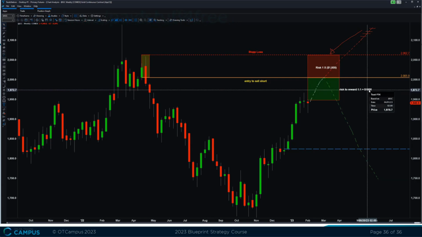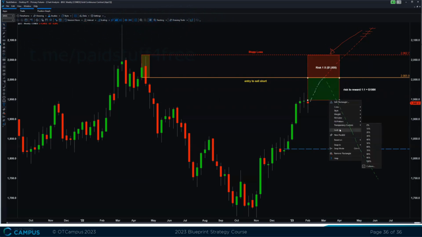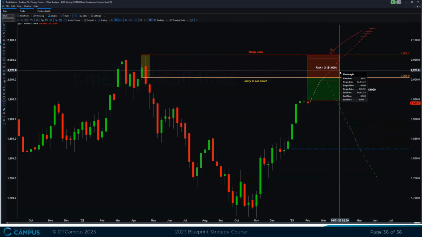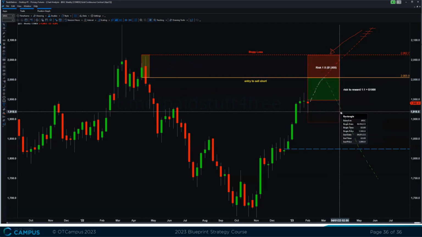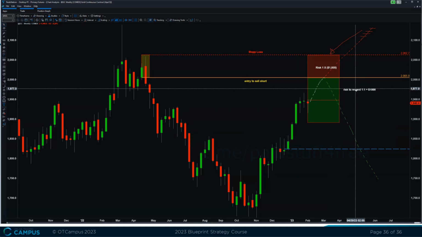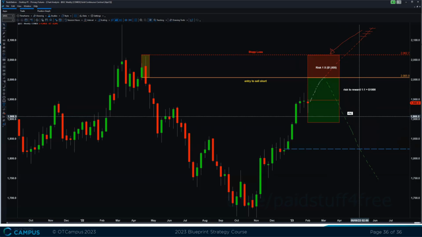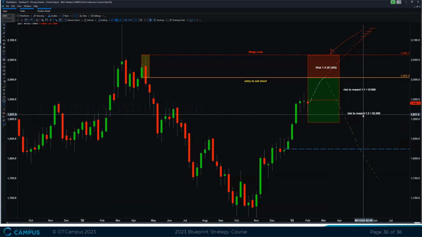Now, the further price drops, the more you'll make. Let's say price is going to go even further down. Now, at this stage, you're making what? You're making a risk to reward of 1-to-2, which in monetary terms, by risking $1,000, you're now making $2,000.